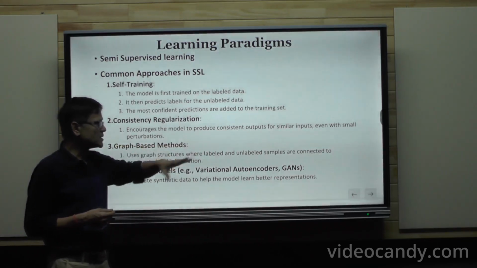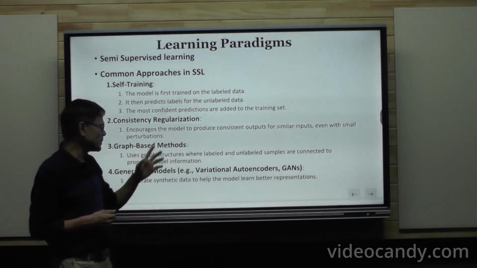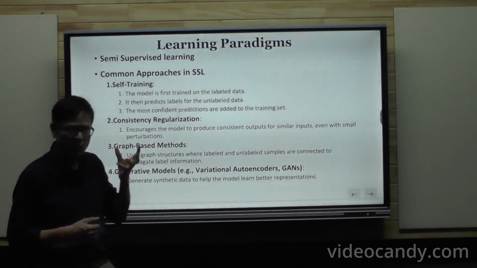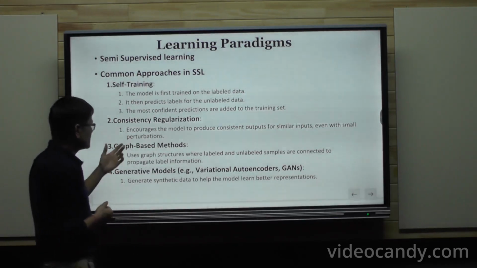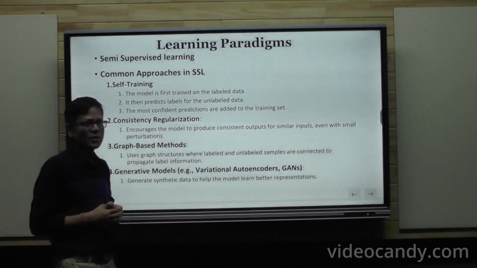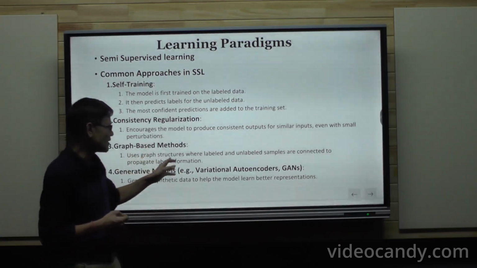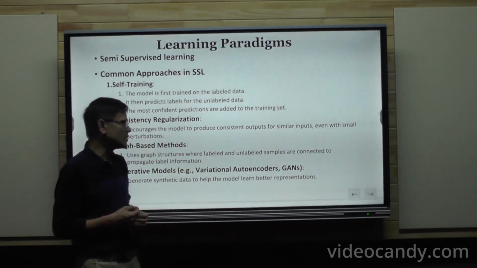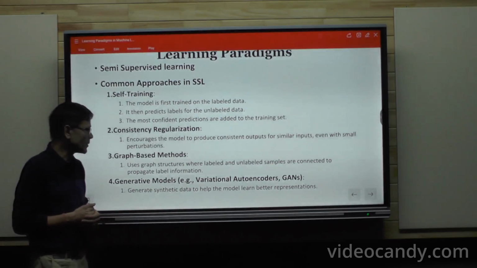Consistency regularization encourages the model to produce consistent outputs for similar inputs, even with small perturbations in the distribution. So that means we maintain the consistency of your outputs. The graph-based method uses graph structures where the labeled and unlabeled samples are connected to propagate the label information.